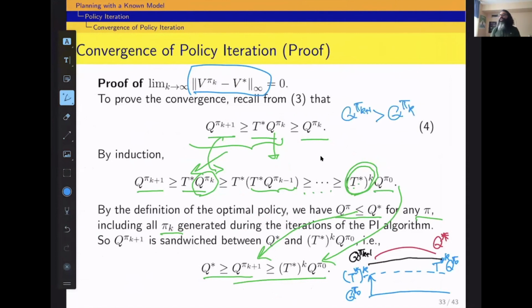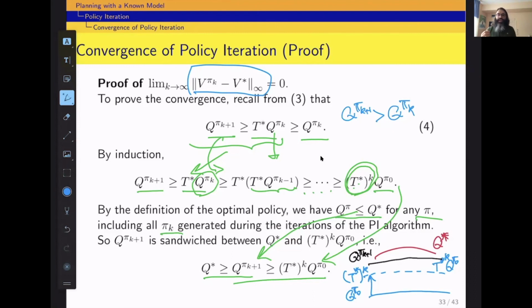Because at each step we are improving the policy, and there are a finite number of policies, at two different iterations these two policies are not the same. They're different, because otherwise their values would be the same. Because the values are different, the policies should be different.